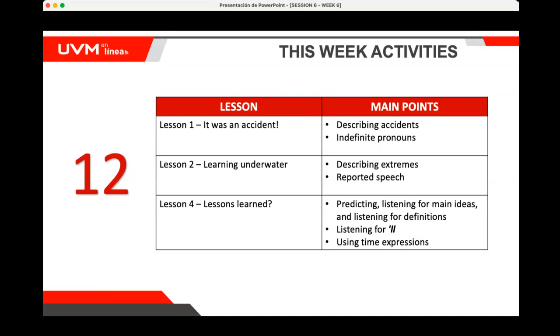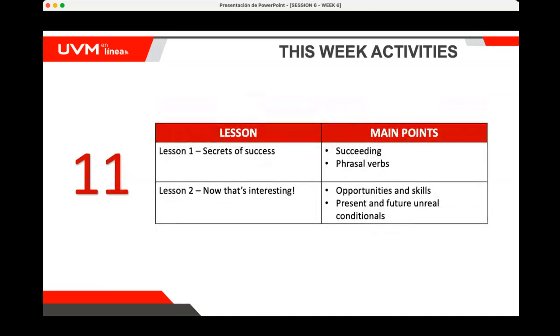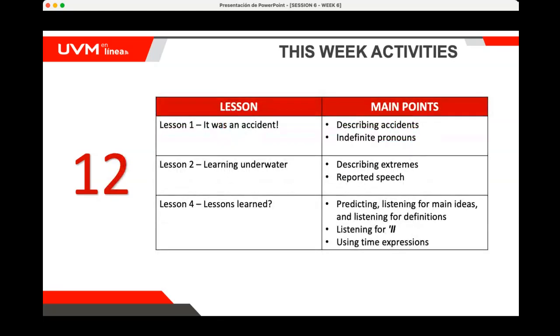I think in this case, vocabulary for the phrasal verbs is an important section, and how to use phrasal verbs. Again, grammatical issues. Indefinite pronouns are a very important topic in English. You work with some, any, and none, if I'm not wrong. We're going to review that in a second.